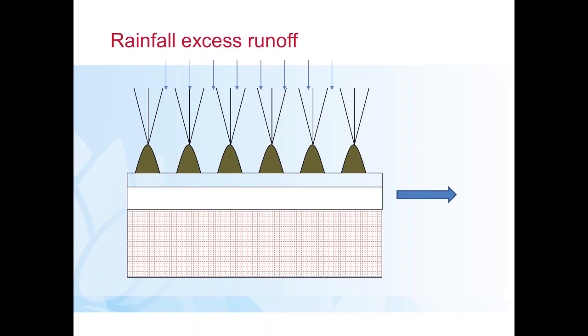This rainfall excess is pretty typical in your summer storms when you get high intensity rainfall and the soil just can't infiltrate that amount of water, so the excess water builds up and runs off.